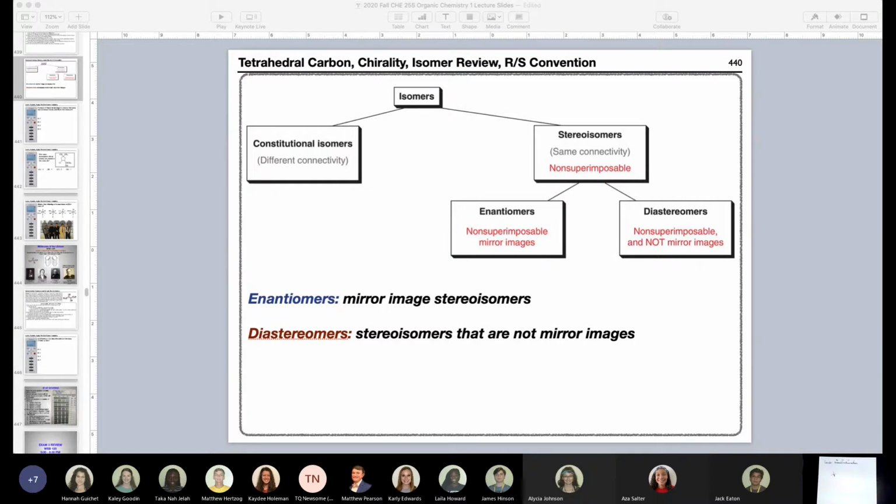So if you're willing and able, maybe you can show your camera and let me see how you've put those substituents around that central carbon.